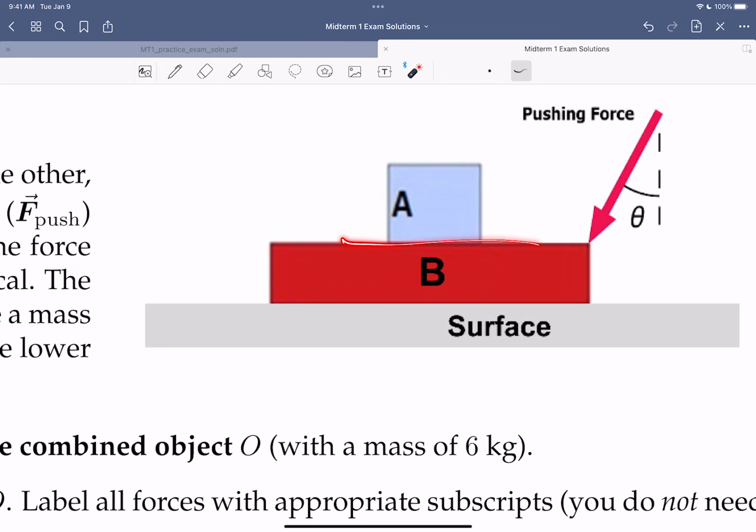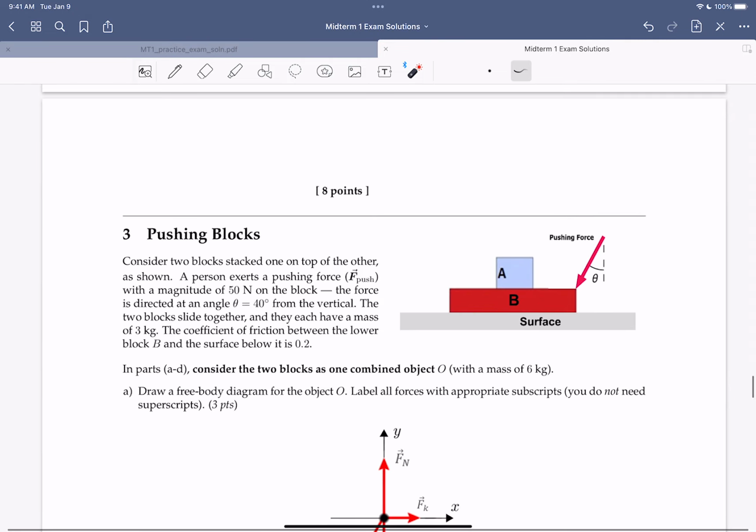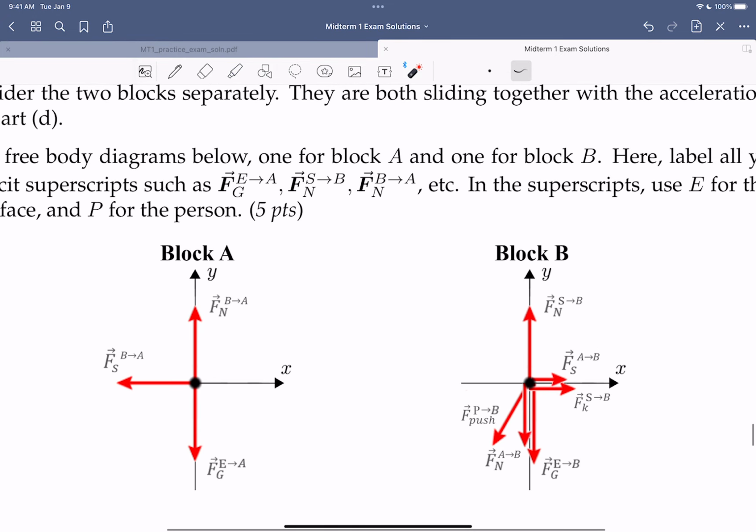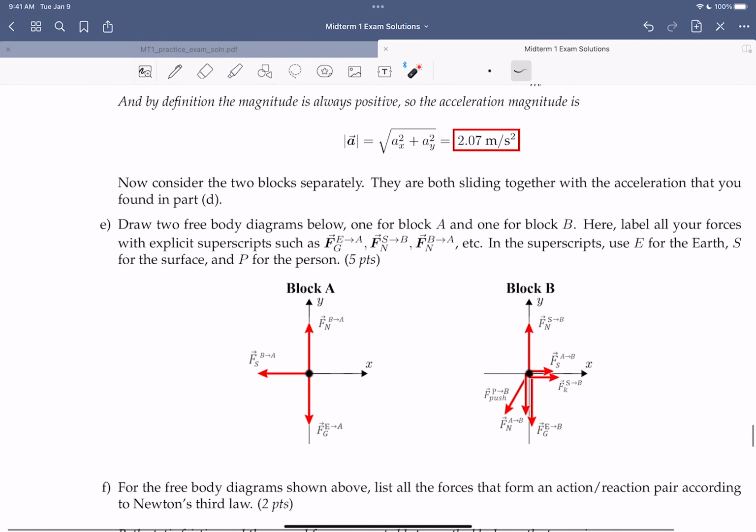Static, that's the key word, on top of B. That's static friction. So you should have a static friction force from B on A that would prevent that motion. Does that make sense?